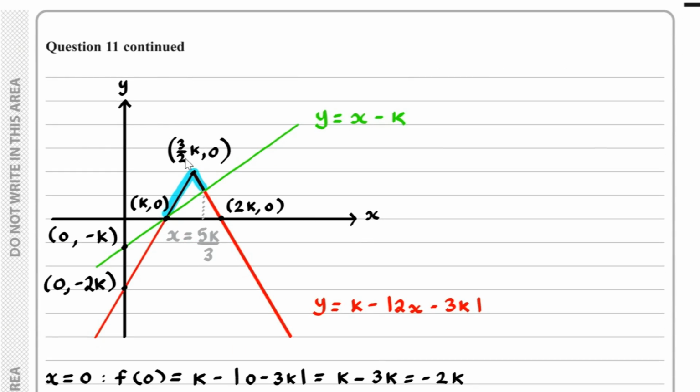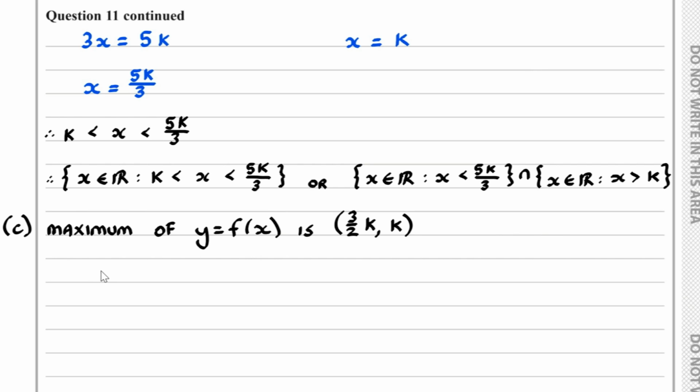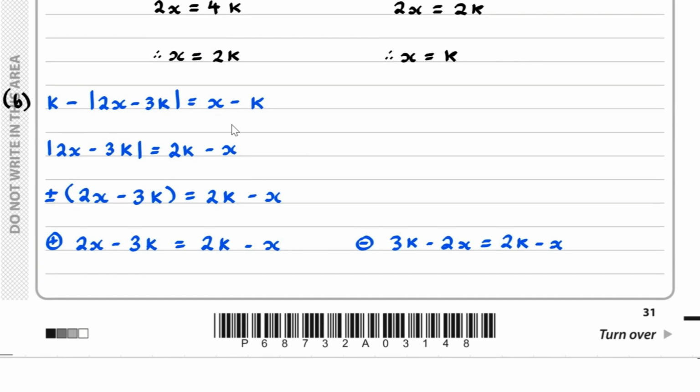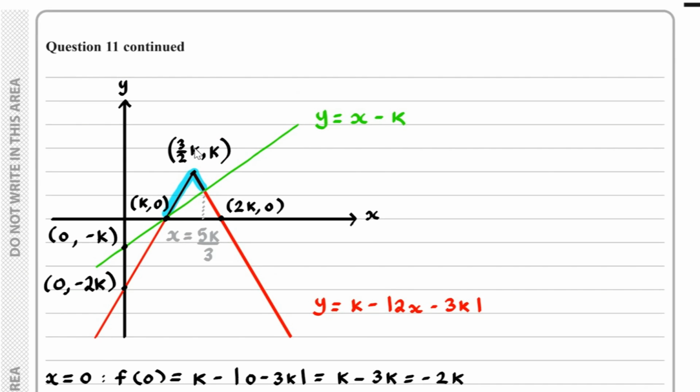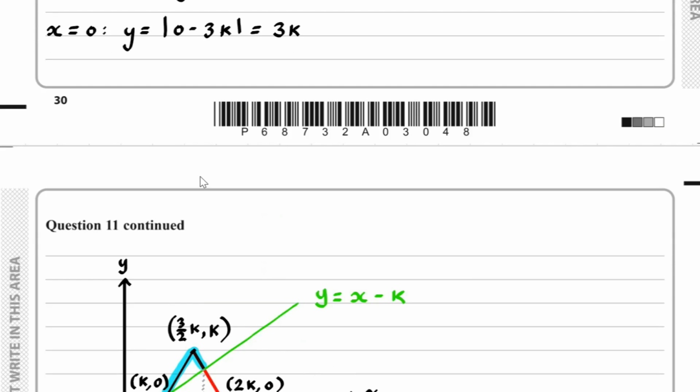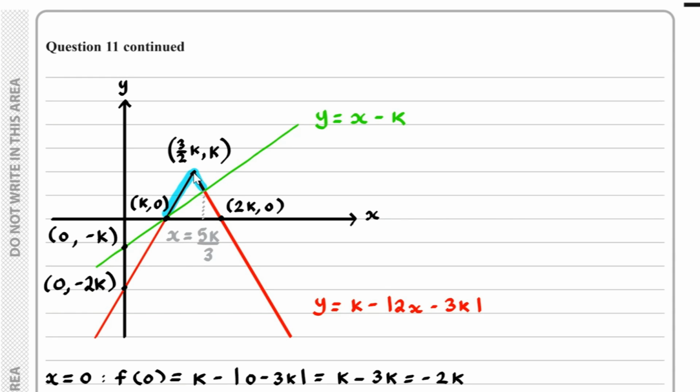Well, if we take a look at our diagram, we've got k, because we've translated k units up. The maximum of y equals f of x is 3 over 2 k, k. So we can spot that from this graph. Of course, we've translated k units up, which is why we have the k for the y coordinate.